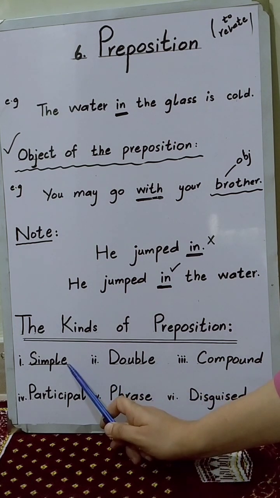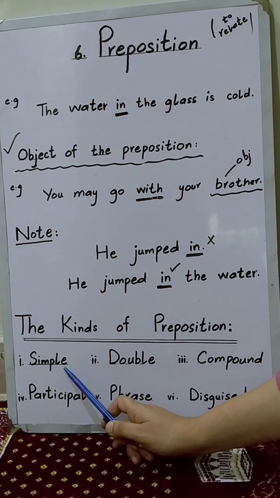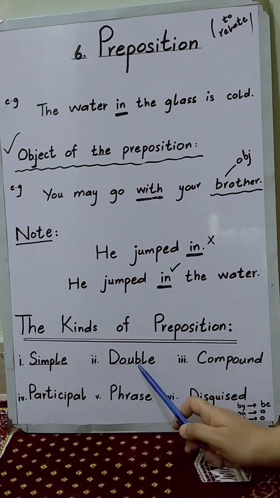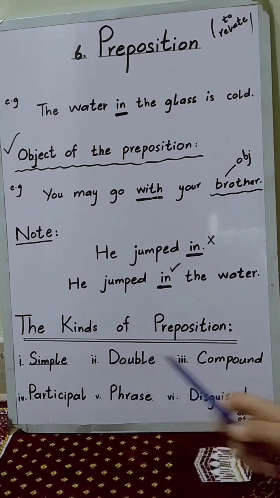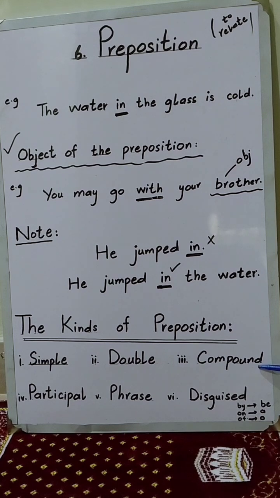Simple prepositions: at, in, on, to, for, of, from, up, through, after, over, under, with, till, etc. Double prepositions: into, from within, up to, etc. Compound prepositions: across, along, behind, about, beneath, beside, between, below, within, without, etc.